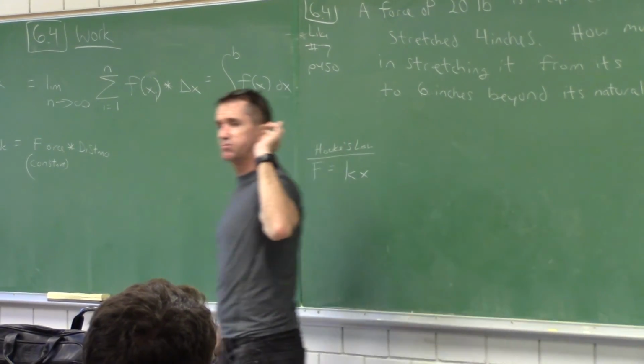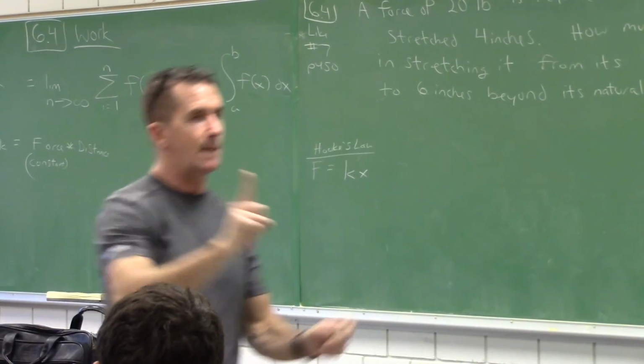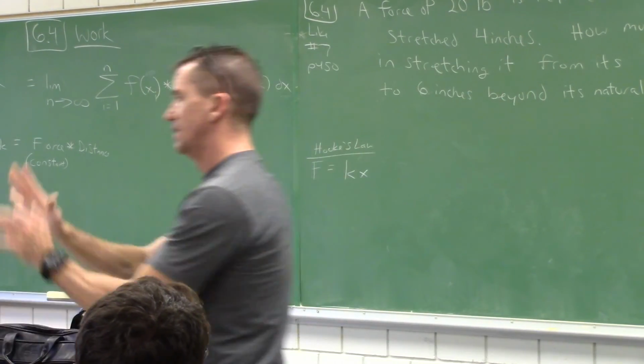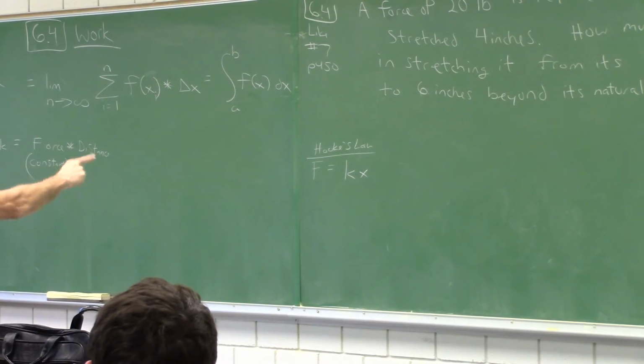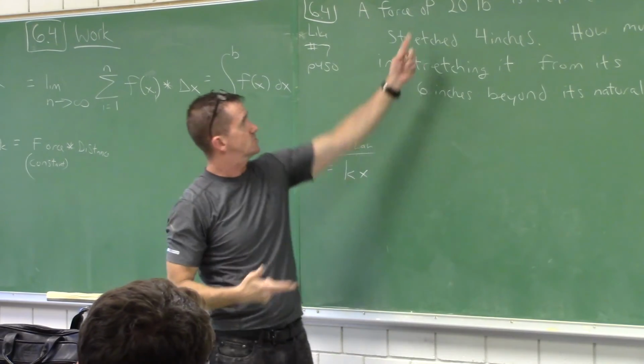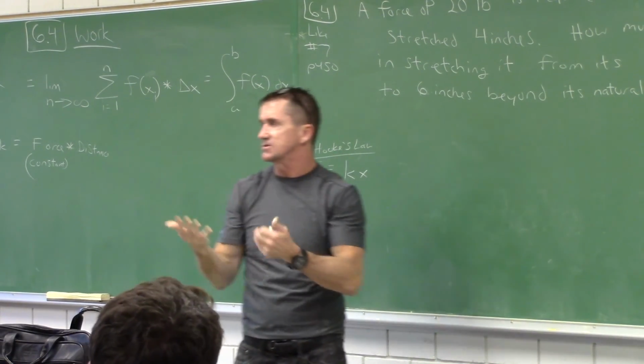So when we work this problem, or any problem in section 6.4 with springs, our first step is to find that spring constant, okay? Let's not do an integral yet. Let's focus on that K. This spring constant, the constant of proportion, changes with different springs, right? There's thick springs, there's springs that aren't so thick, etc. So we gotta find that.